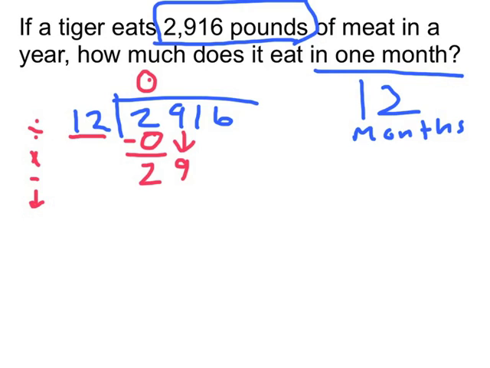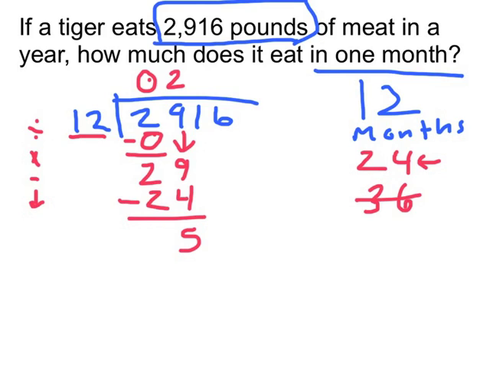Now we skip count. We're back to dividing. How many times does 12 go into 29? 12 plus 12 is 24. So 12, 24, 36. 36 is too big. It goes over 29. So we're going to use the 24. That's 2 12s. We get 5.